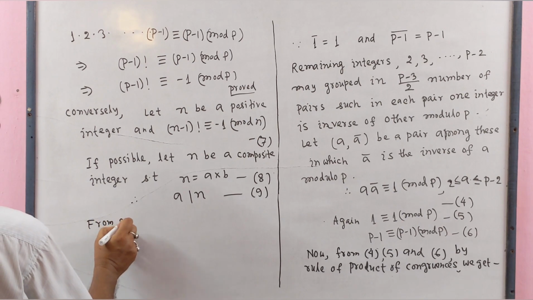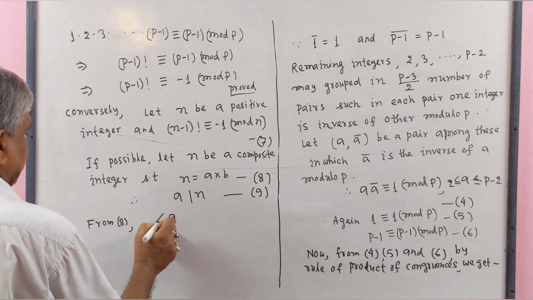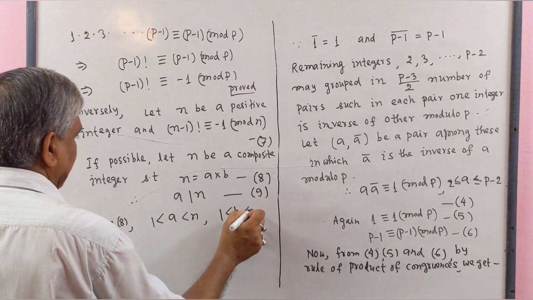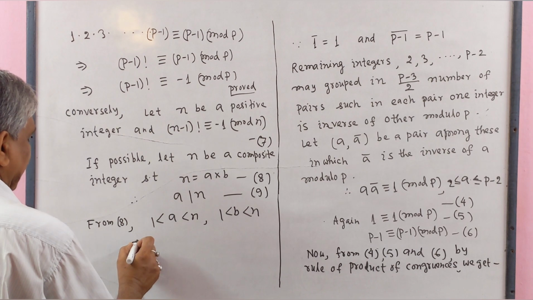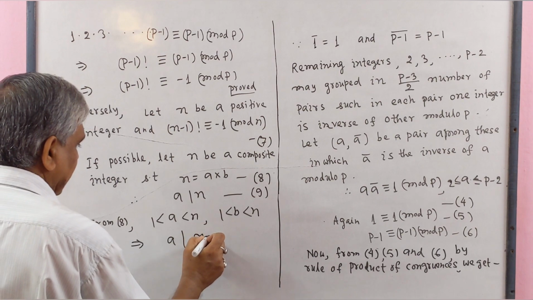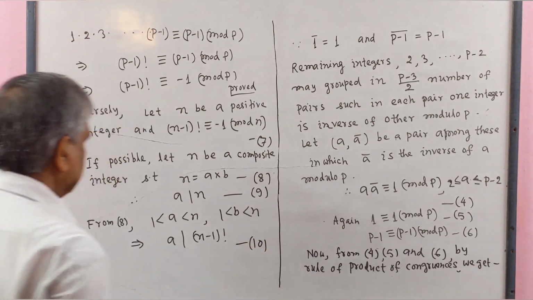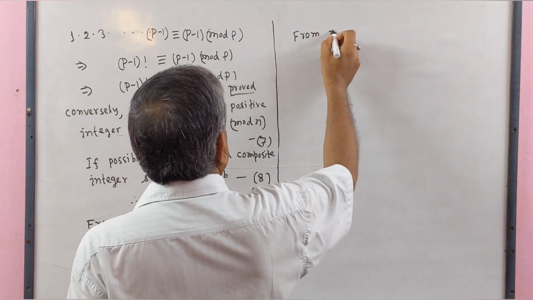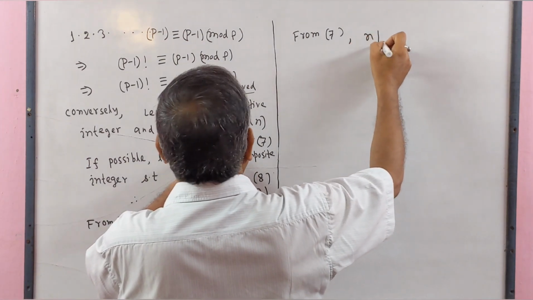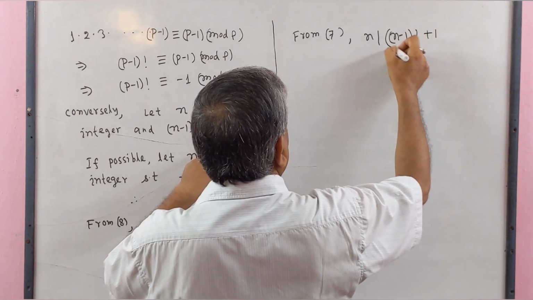From 8, a is greater than 1, less than n, and b is greater than 1, less than n. Implies that a divides factorial n minus 1. This is number 10. From 7, here n divides factorial n minus 1 plus 1.